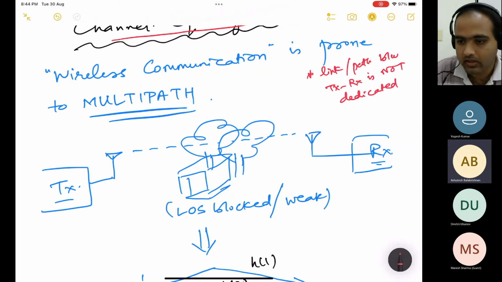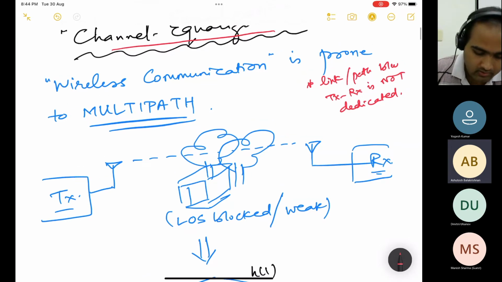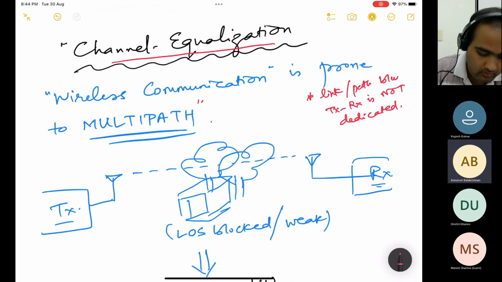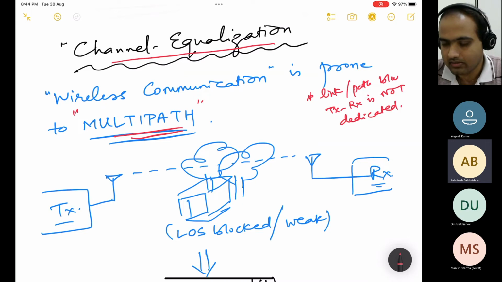If you consider a wired communication, for instance optic fiber or Ethernet, you generally have a dedicated cable between transmitter and receiver, and so that is not prone to any attenuations or multipath. But wireless communication is prone to something which is called multipath, and we will see what multipath is.